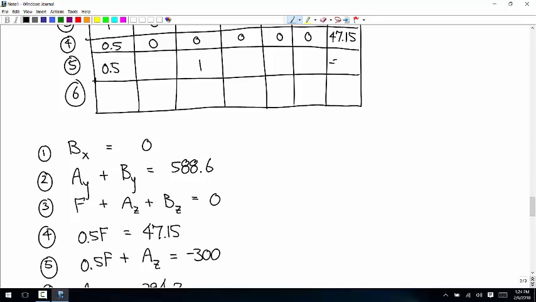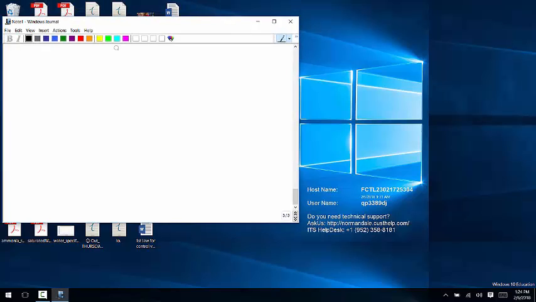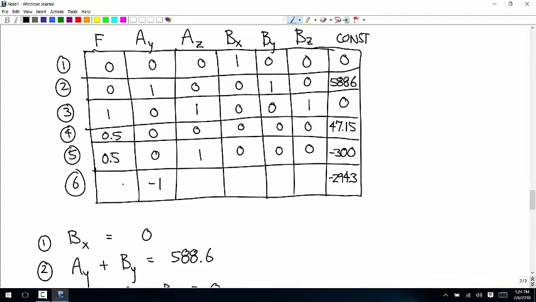The constant is negative 300. Everything else is 0. And then equation 6, AY's, we have negative 1. The constant is negative 294.3. Everything else is 0.